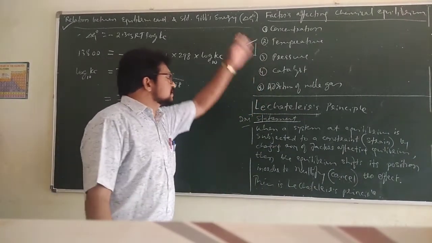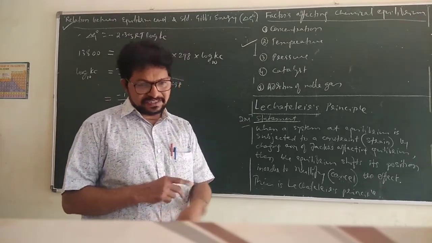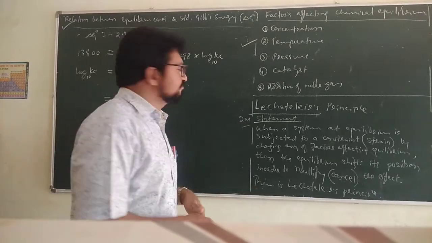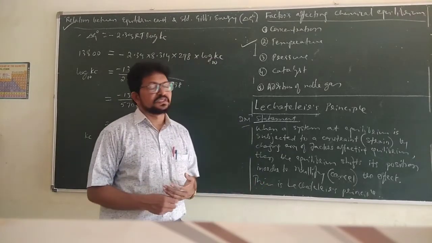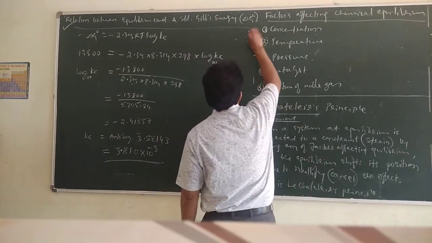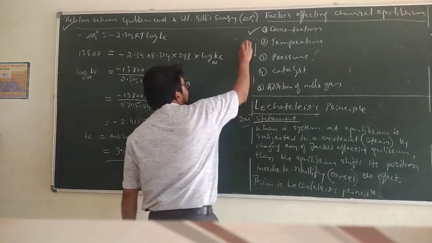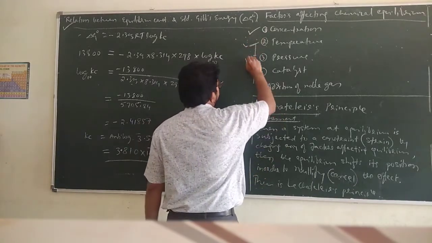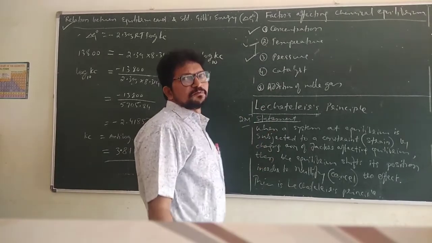Now, how do these factors affect the equilibrium? This we have to understand by considering different examples according to your textbook. That means details of the factors affecting equilibrium: explain with respect to concentration, how it affects; temperature, how it affects; pressure, how it affects; catalyst and addition of noble gases.